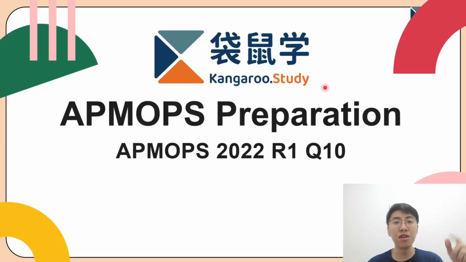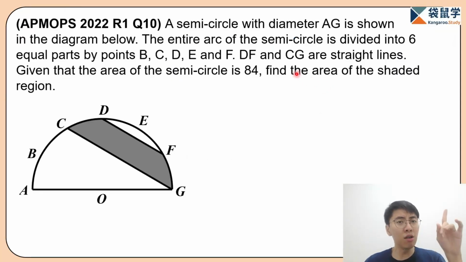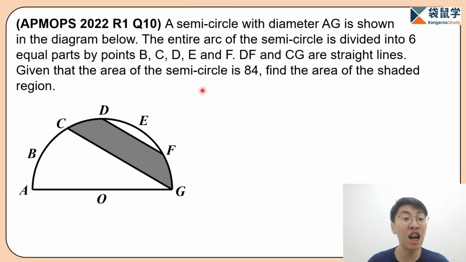So without further ado, let's jump straight into our question. This question says that I have a semicircle with a diameter AG, shown in the diagram below.